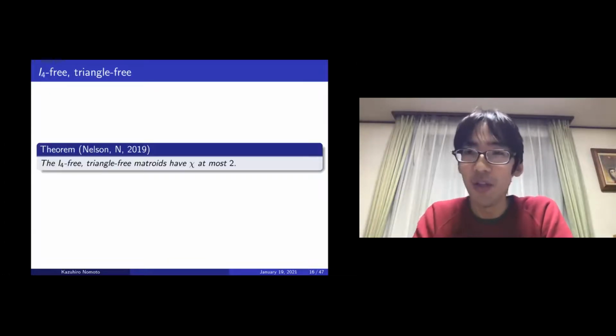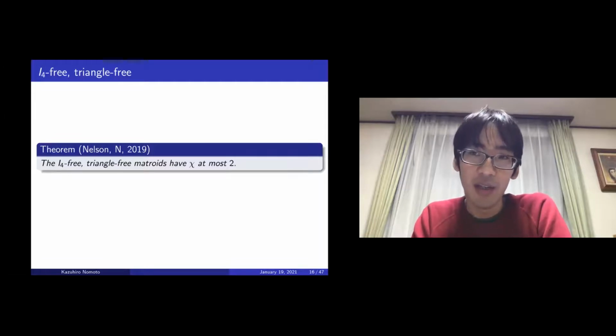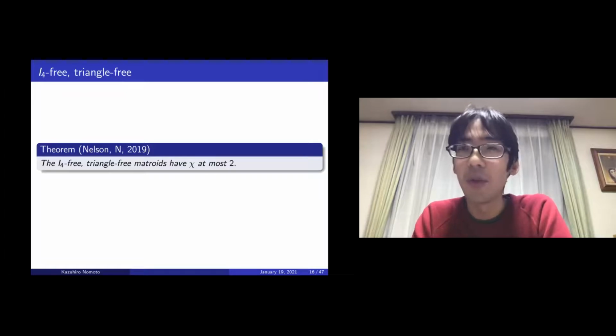The only thing we can do is that Peter and I managed to show that chi is 2 when s is 4. So when you have I4 triangle-free matroids, then chi is at most 2. It comes from a structure theorem, so you get this as a consequence of that.